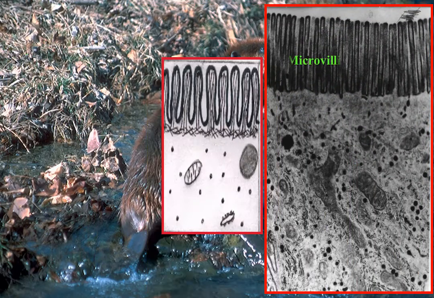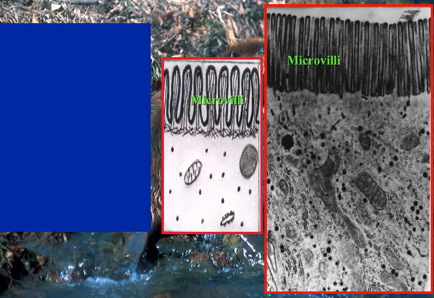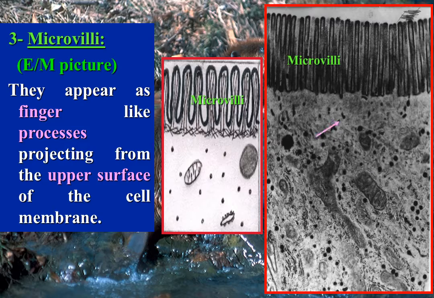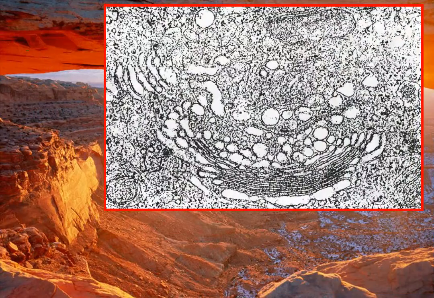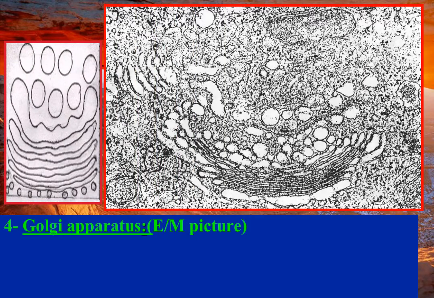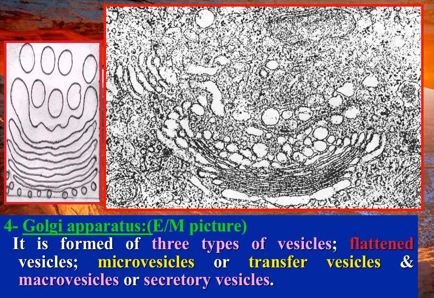Microvilli are one of the specializations of the apical surface, appearing as finger-like processes projecting from the upper surface of the cell membrane. Golgi apparatus is formed of three types of vesicles: flattened vesicles consisting of elongated parallel sacs built one upon the other to form stalks.